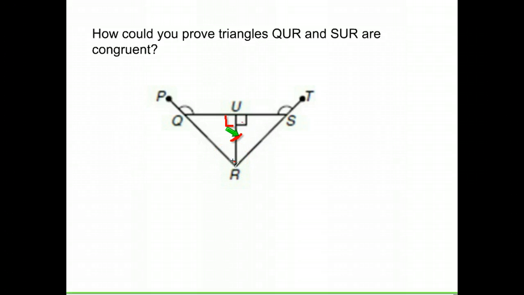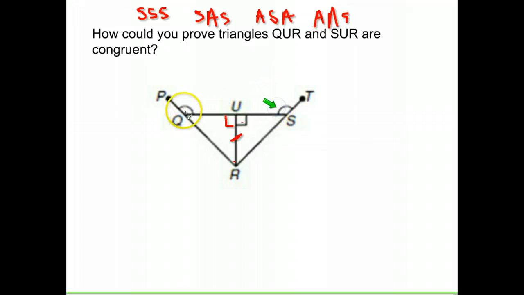So what do I have now? I have an angle and a side. That's not enough for any of my postulates. It's not enough sides for SSS, it's not enough sides for SAS, and it's not enough angles for ASA or AAS. But notice they did give me one other fact here, and that is the fact that these two angles are congruent.